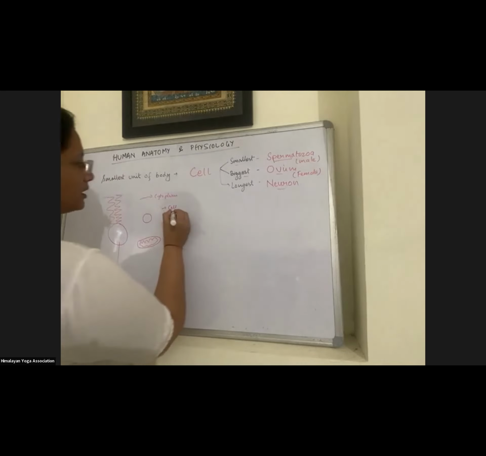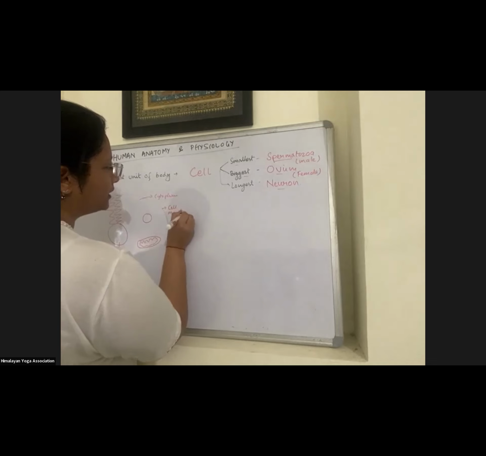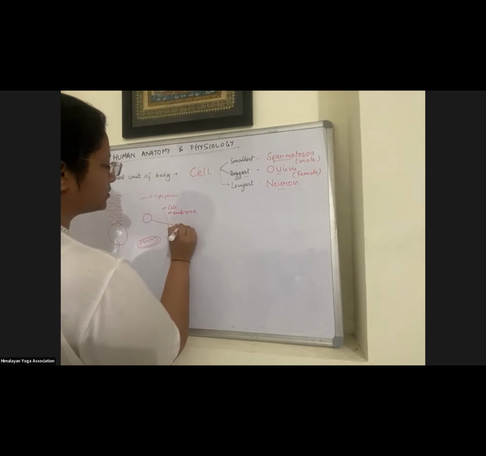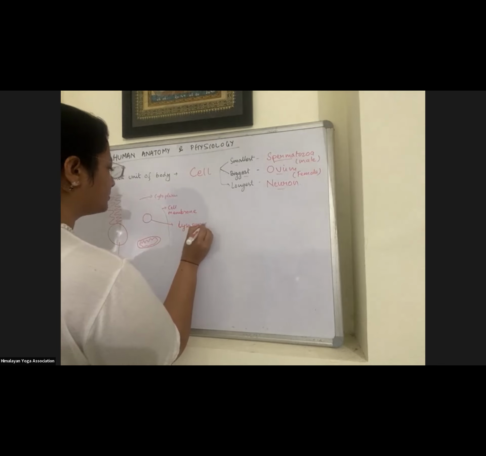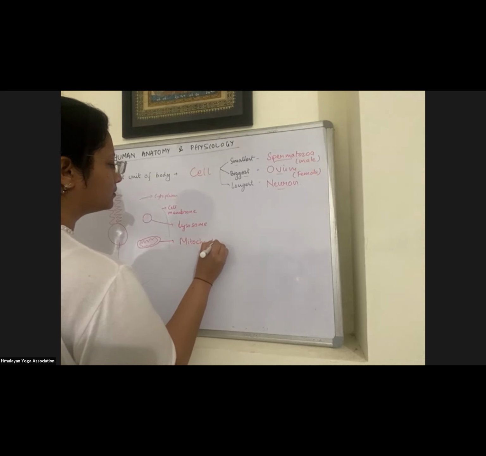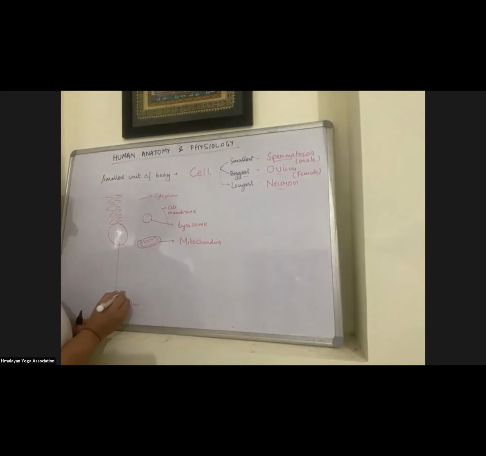This is the lysosome. This is mitochondria. And nucleus, and here we have the DNA.